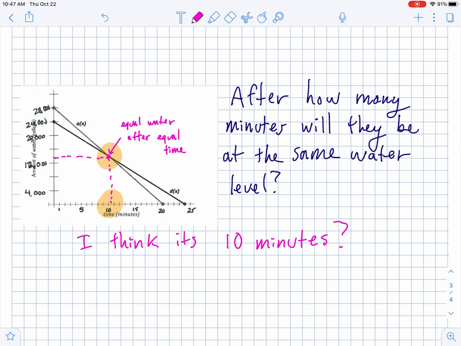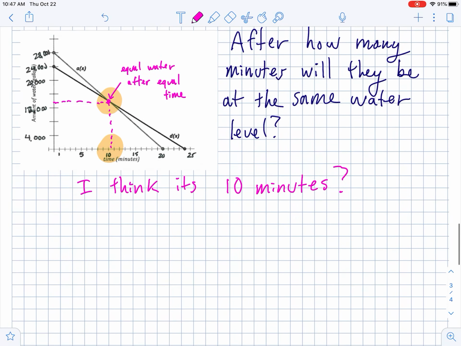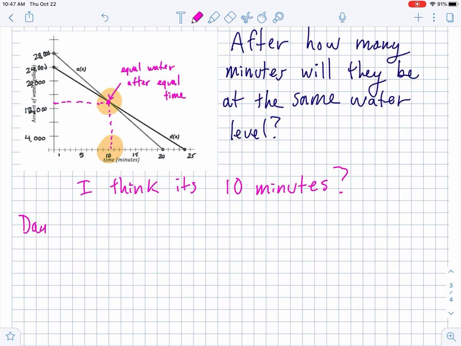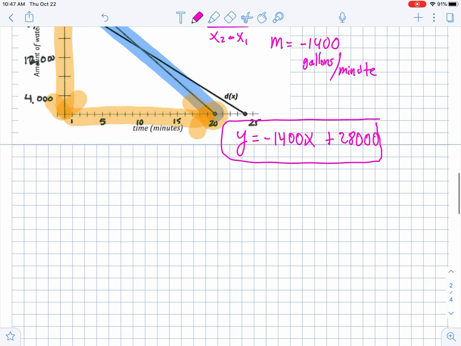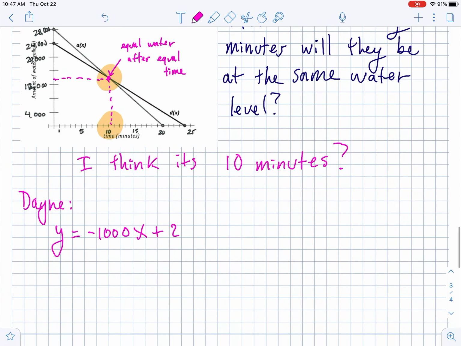But if this were a test or a quiz, I'd be really unsure of myself. So I'm going to teach you a trick to figure out whether this is the right answer. For Dane's pool, his equation was negative 1,000x plus, what was it, 24K?